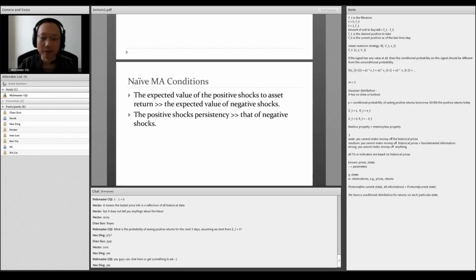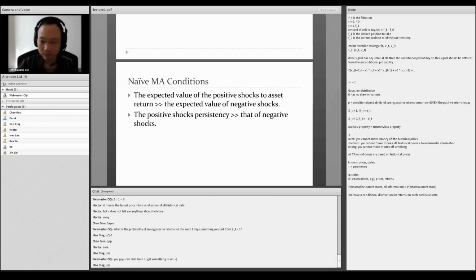Okay. But these are not something that we can use yet, because we can compare the persistency of positive returns, measured by P, and the persistency of negative returns, measured by Q. But we still don't know how much bigger P needs to be than Q for us to make money. Okay. Oh, by the way, I forgot to mention.